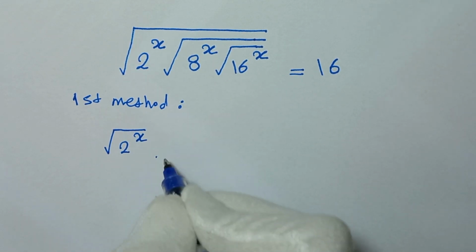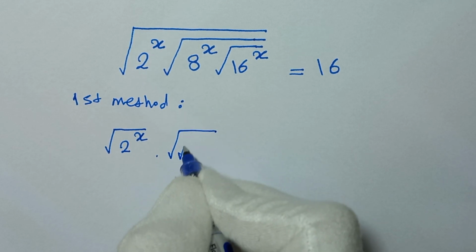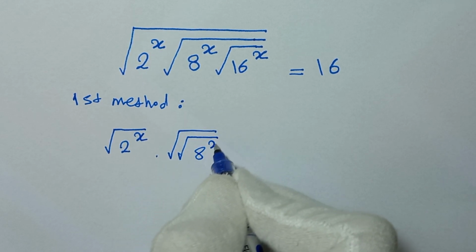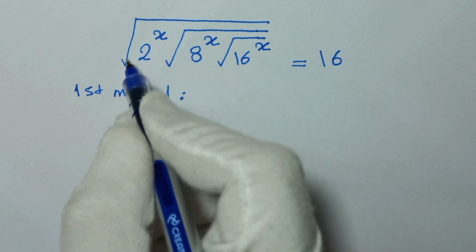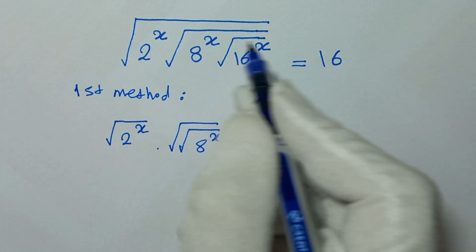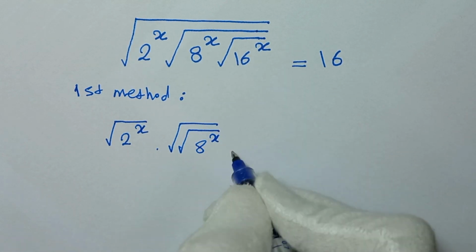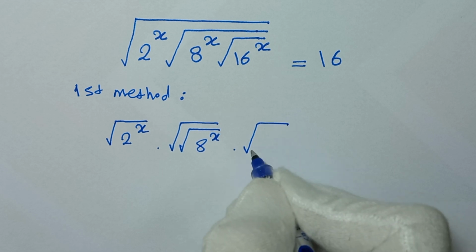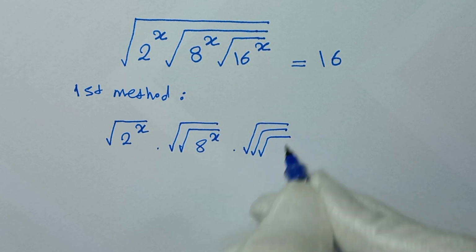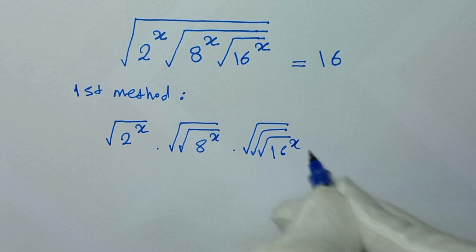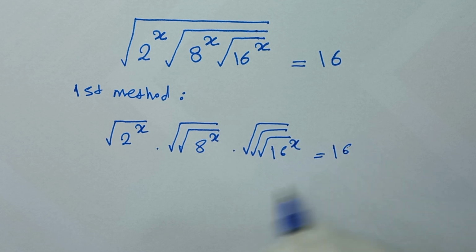So we write square root of 8 to the power of x, and here we have the square root of 16 to the power of x is equal to 16.